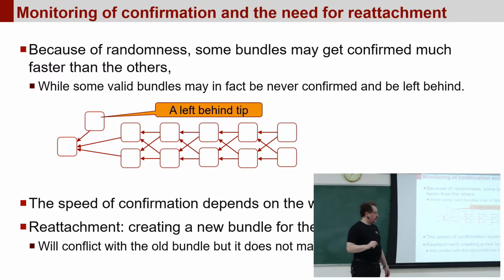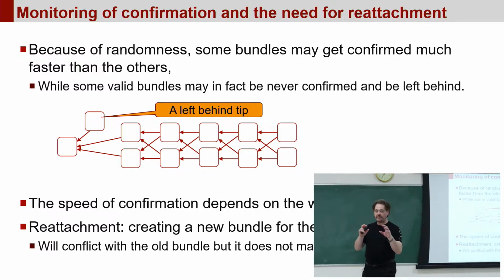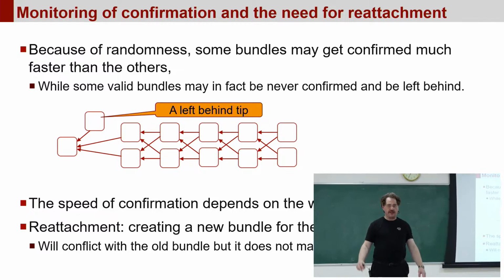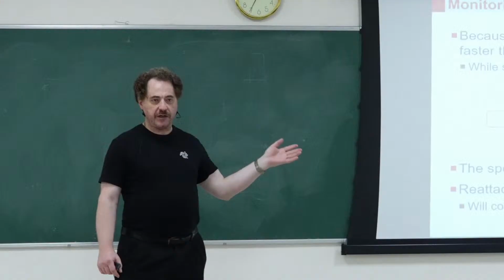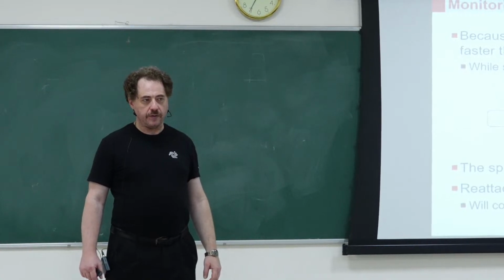Okay, so it's called a reattachment mechanism. The same transaction can be injected by the same node again at a later point in time. Why? Because maybe the first transaction was left behind. So it never got confirmed.